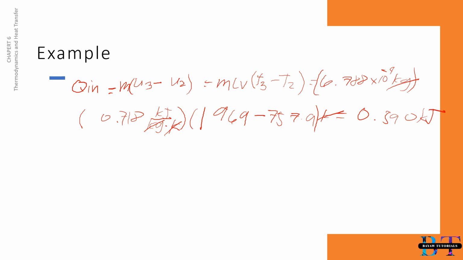For letter C, our net work. Process 4 to 1, V is equal to constant heat rejection.